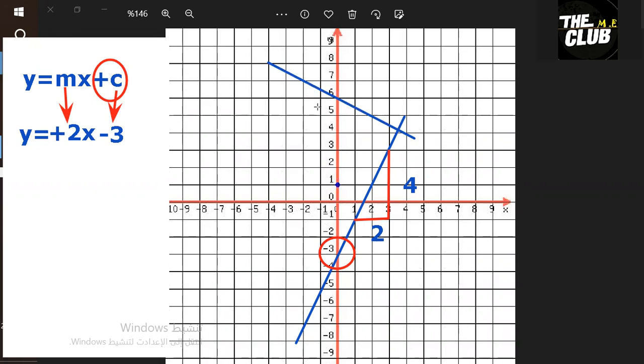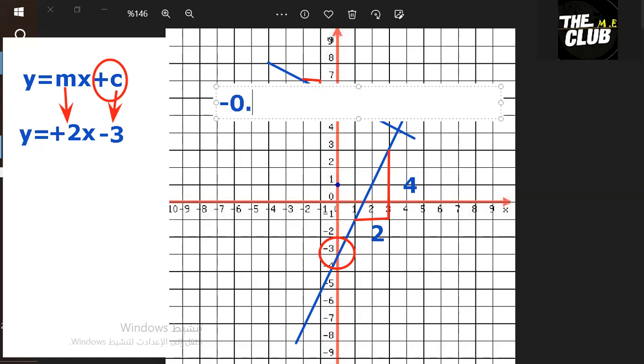We start from any point, for example here. We go one positive x like this. Now we want to go back to the line. Do we go up or down? Down. It means it's negative. How many centimeters did we go? 0.5. So it's going to be negative 0.5. That's it.